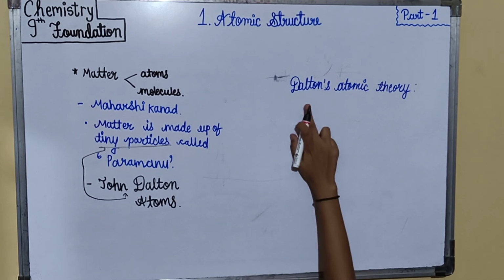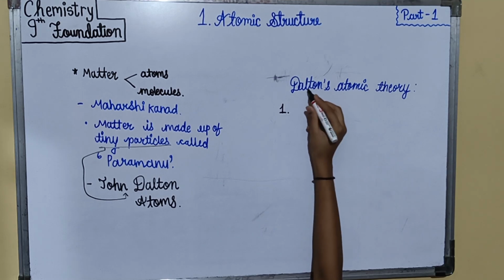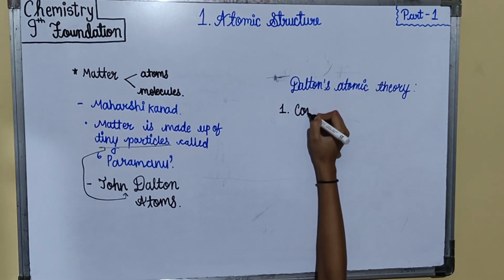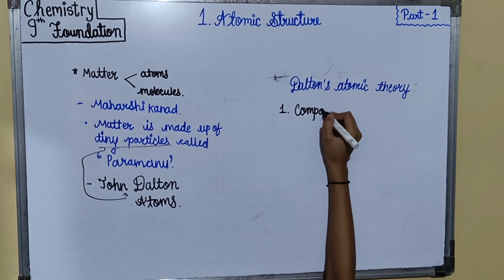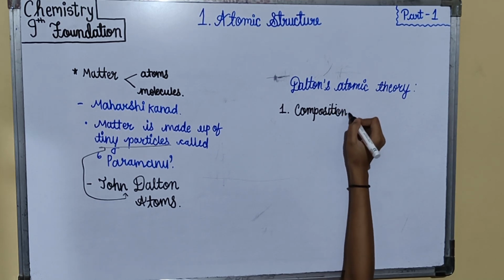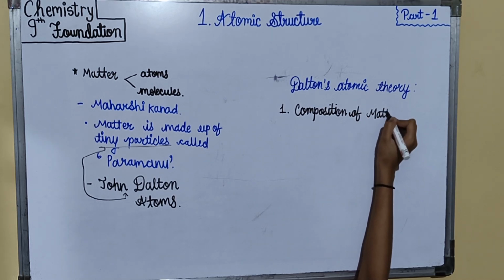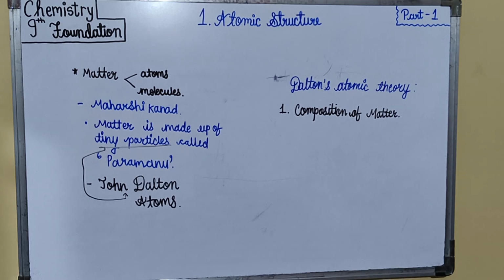So the postulates of Dalton's atomic theory were: first is composition of matter, meaning matter is made of very small particles called atoms. Second is indivisibility of matter.